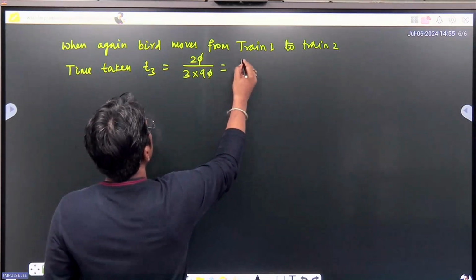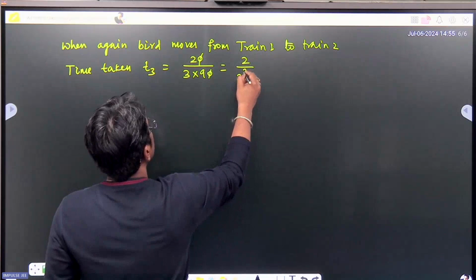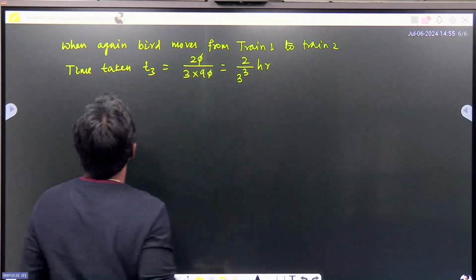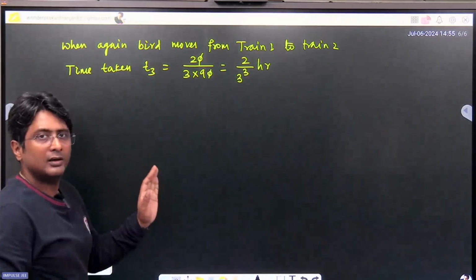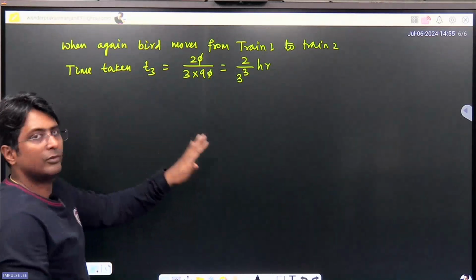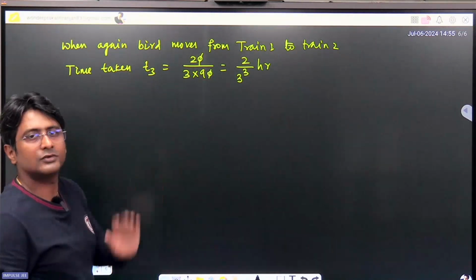So this is coming 2 by 3 to the power 3 hour. So now the bird will keep on flying from train 2 to train 1 and so on.